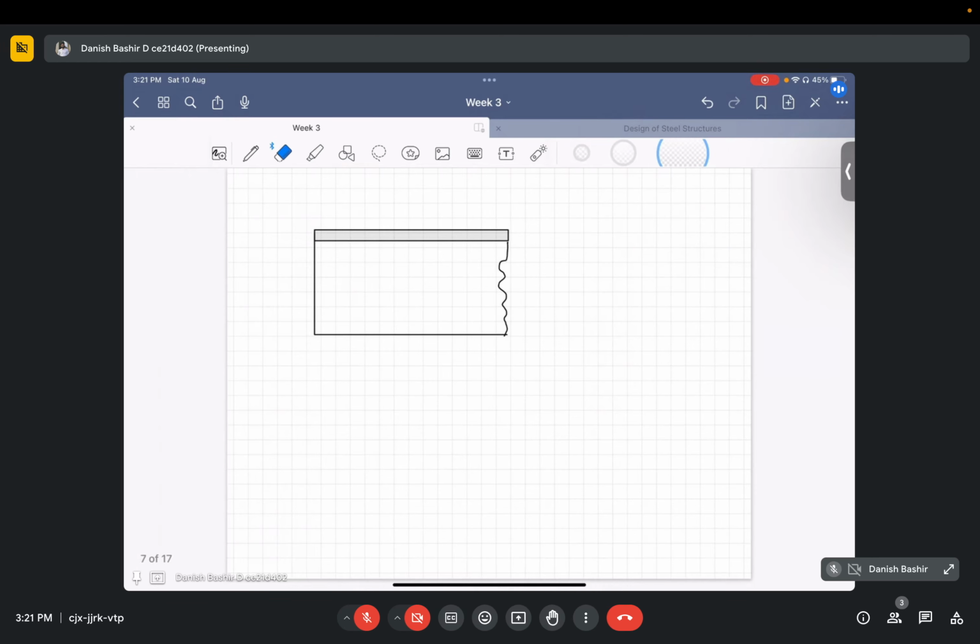We have driven some rivets into it. So there is one rivet line like this. There is one more rivet here, one more rivet here, one more rivet here. This is in a staggered pattern. There is one more rivet here, one more rivet here.